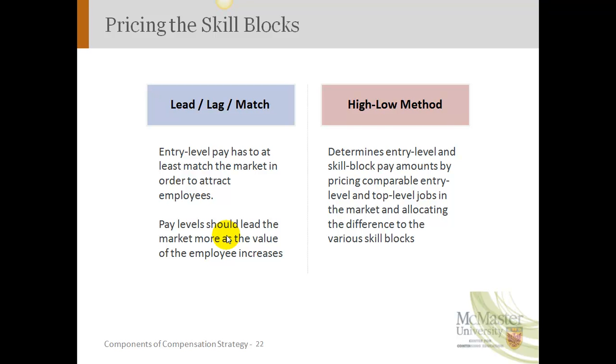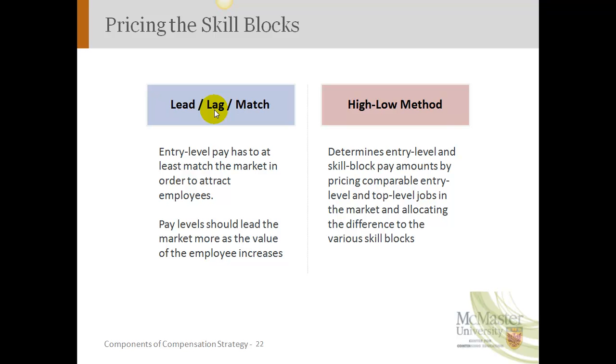So I have to make a decision. Do I want to pay in accordance with the high-low method, right? Or do I want to do a match strategy when they enter my organization and then pay them more as they learn the skill so that I now lead the market. Some companies might decide they want to lag. So some companies would actually say, well, maybe we're going to pay you less than the market to bring you in.